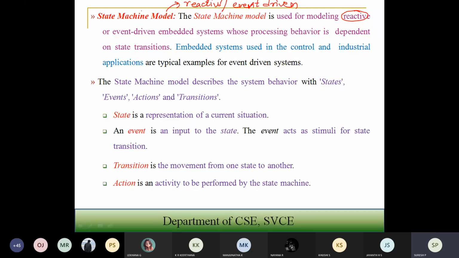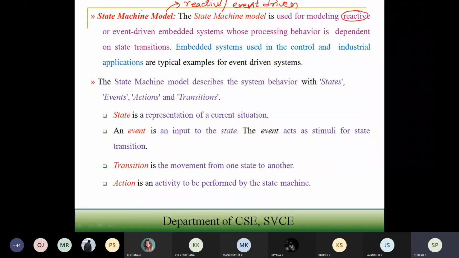For example, I am now sitting, so sitting is one state. If I stand, the state changes from sit to stand. After standing, I start moving, so from standing to moving becomes another state. It changes the states depending upon the behavior.